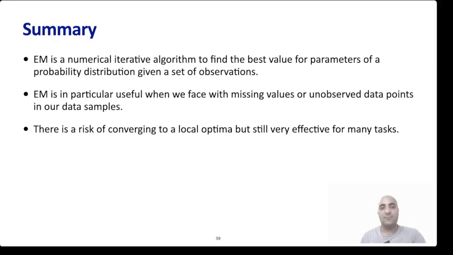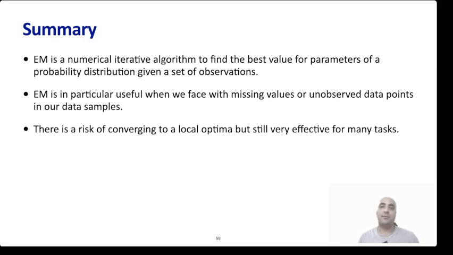So we have mainly two approaches to find the best value of the parameters in a probability distribution. The first one, the normal one, is MLE, or maximum likelihood estimation, where we collect a set of data samples and we try to maximize the likelihood function.